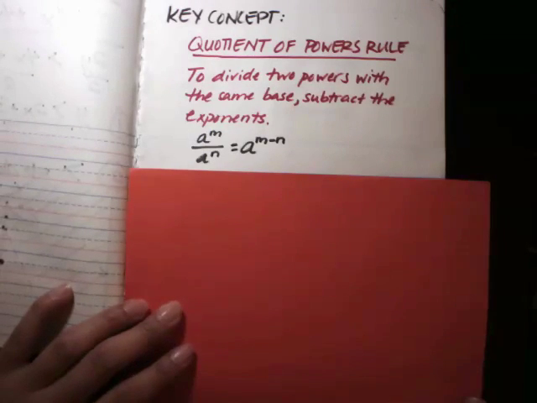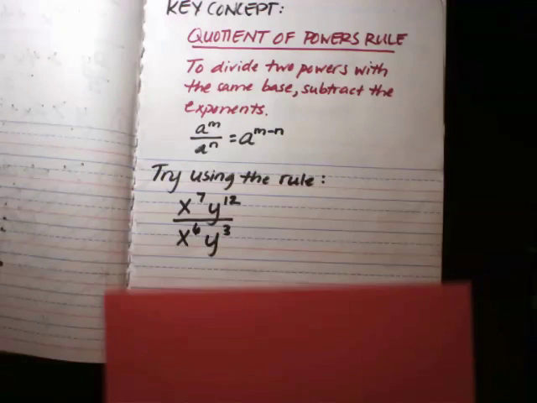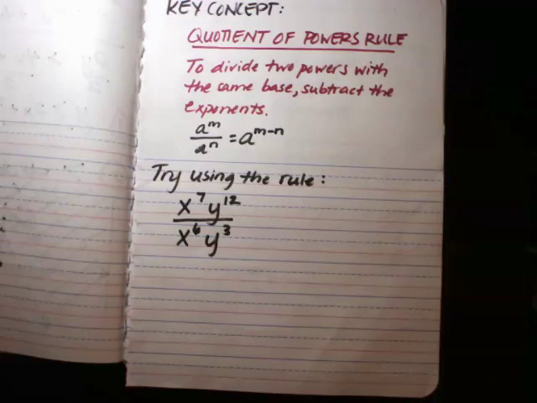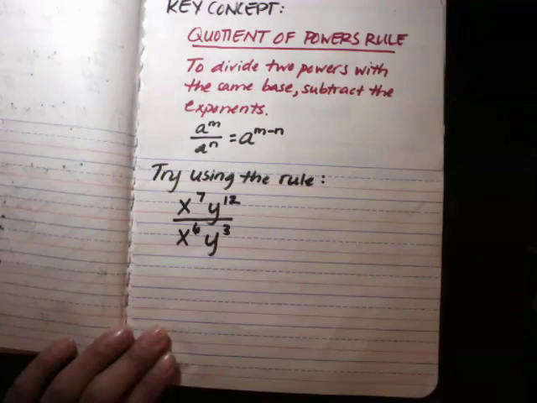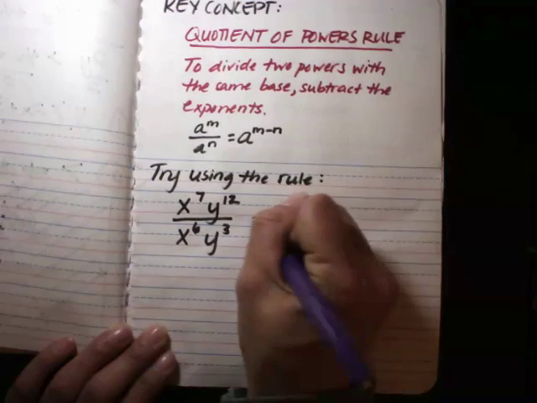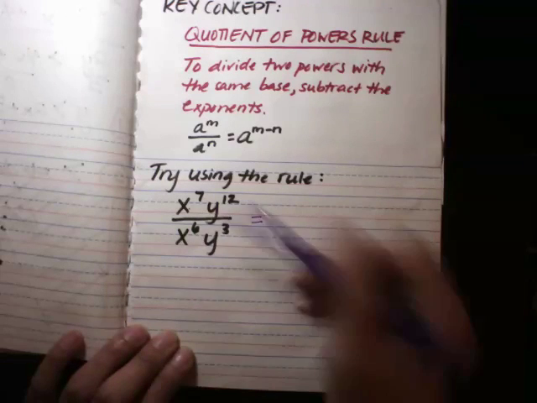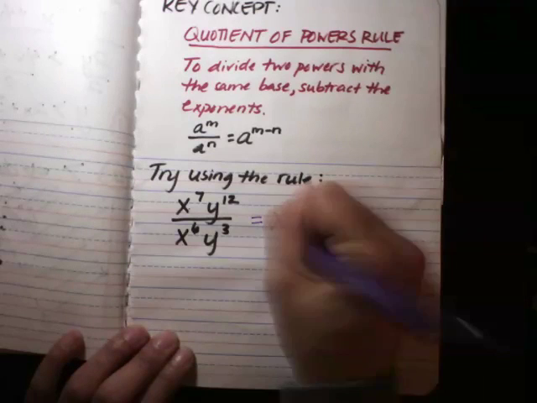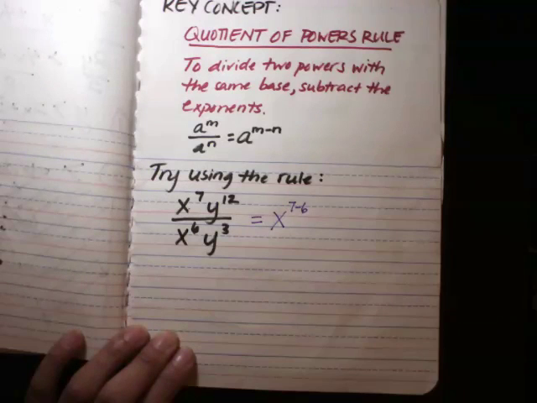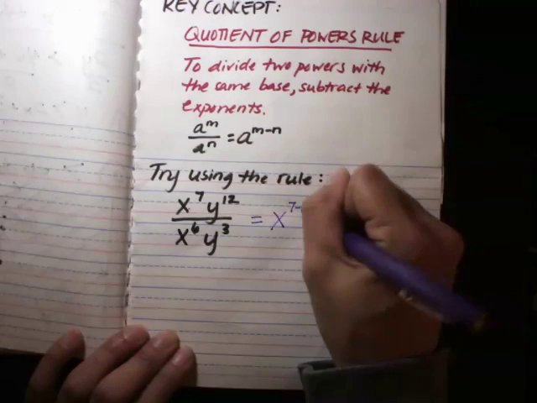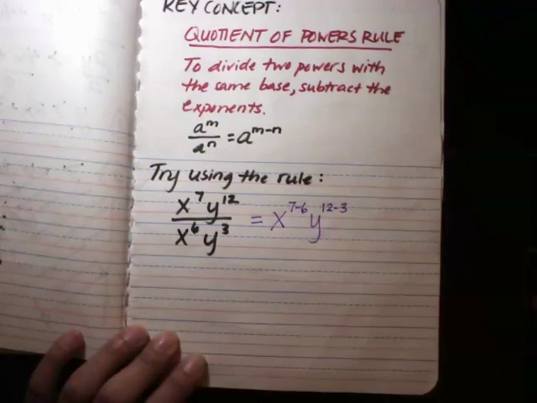So I want you to try using the rule to solve this problem here. We said that we can just subtract the exponents when the bases are the same. Here the bases are the same, your base is x, so we're going to subtract the exponents, 7 minus 6. Here the bases are the same, they're both y's, and so we can subtract the exponents.